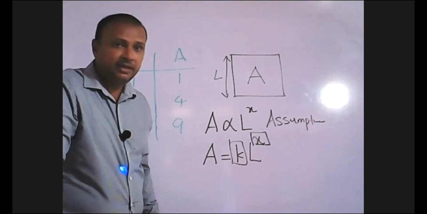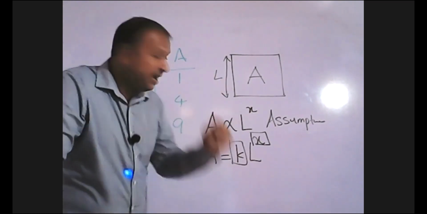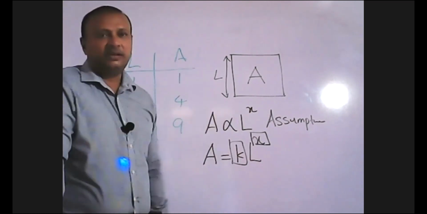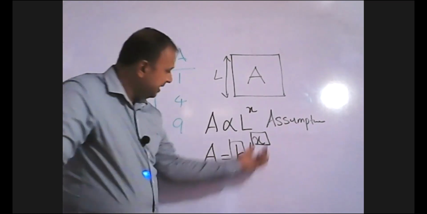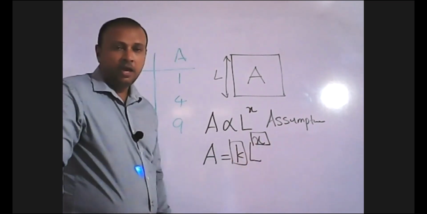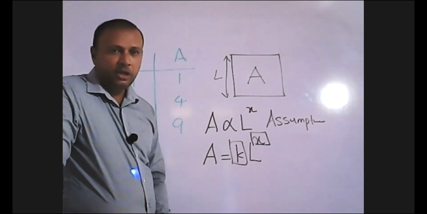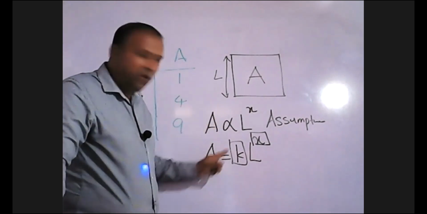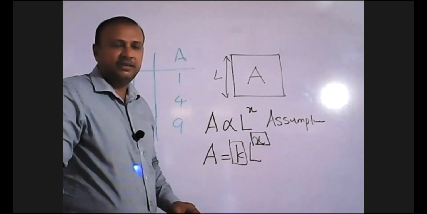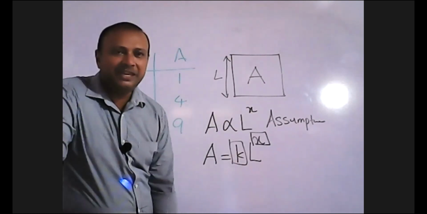But the thing is, in this equation there are some unknown quantities. What are those quantities? X and K. Somehow, if I can find those unknown factors, then there will be the equation.